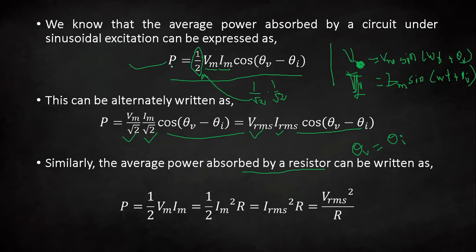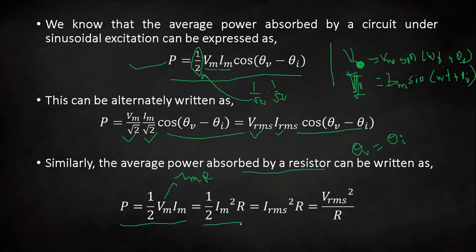That is why the average power absorbed by a resistor is given as P is equal to 1 by 2 Vm into Im. Also you can write Vm is equal to Im into R, and if you put the value of Vm into this equation, then it will be Im square into R.